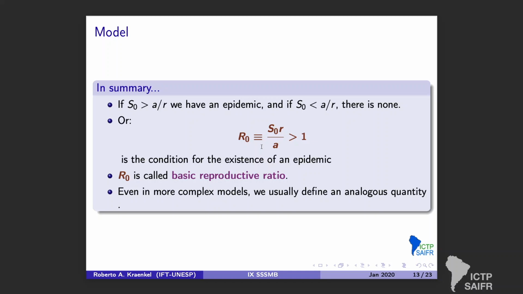That can also be thought of as the condition for invasibility of the human population by a pathogen. Or also mathematically, it means that the disease-free equilibrium, which is everybody just susceptible, is unstable. A small introduction of a certain number of individuals will trigger an epidemic.